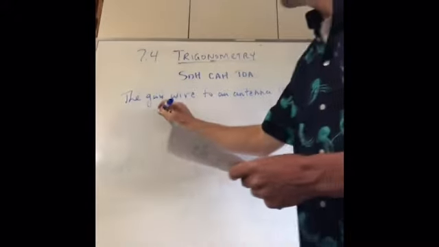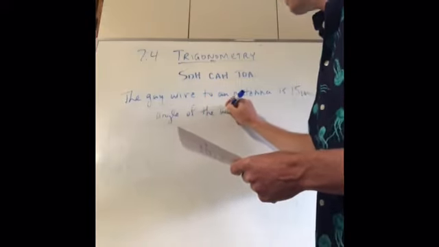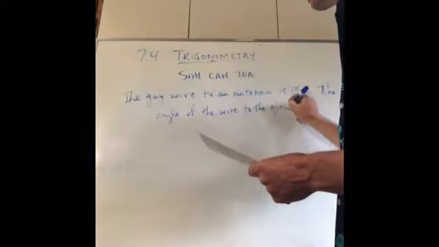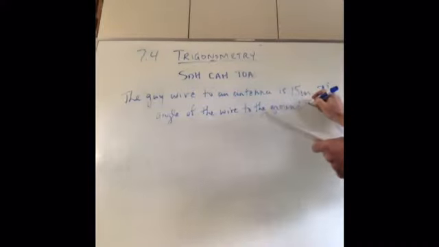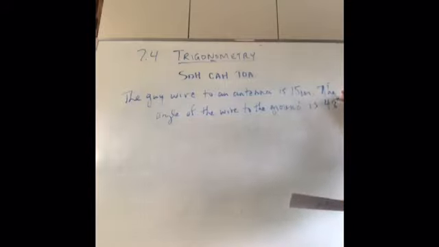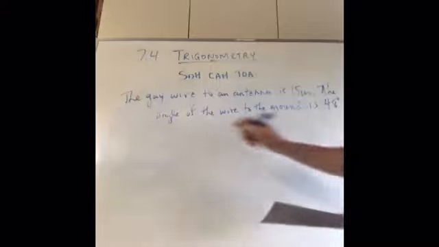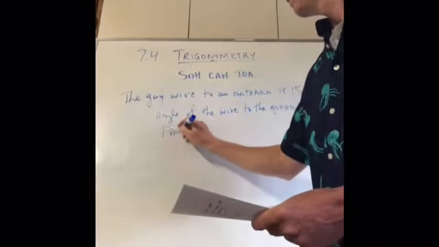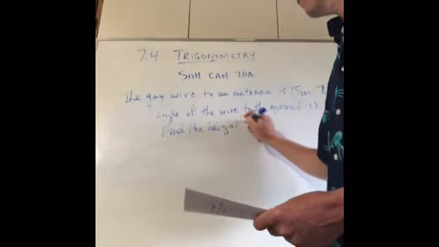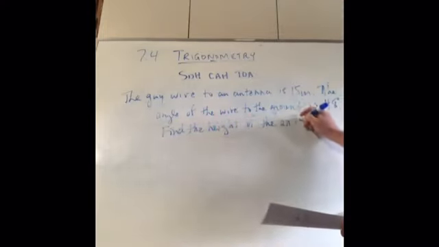The angle of the wire to the ground is 48 degrees. Find the height of the antenna.